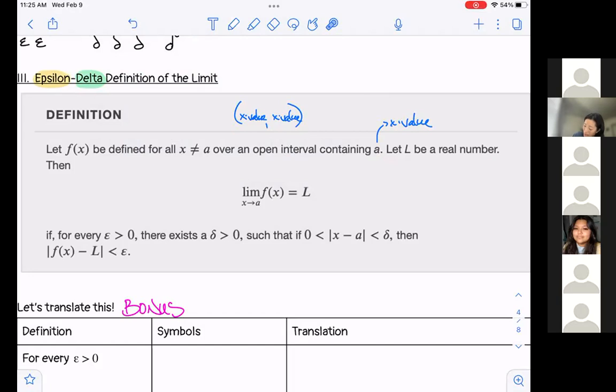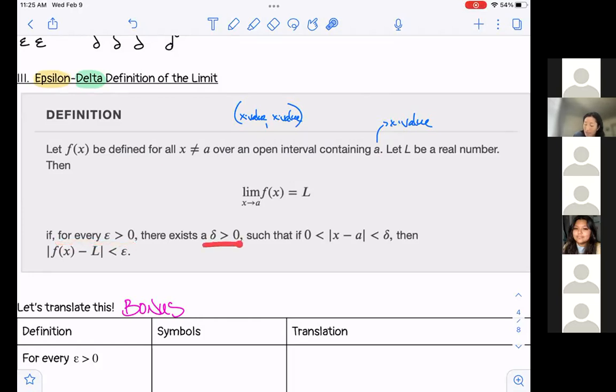Okay. Then, and hopefully this looks familiar, we saw this on the very first day, the limit as x approaches a of f of x equals L. But this is only true if for every epsilon greater than 0. So we're going to have some epsilons that we're going to assume are positive.